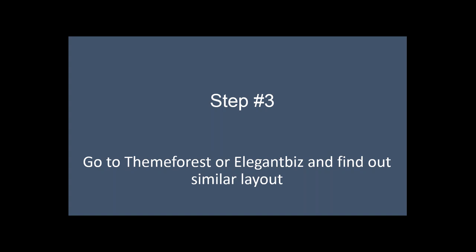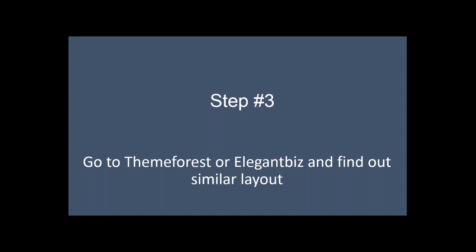All right, then go to Theme Forest or Elegant Themes and find similar layouts. Mostly you will find your layouts would be the same. In any good website, a few elements will always be there. There will be a front page. On that front page, you will find a nice slider or video that talks about the services. Then there will be testimonials of the customers.